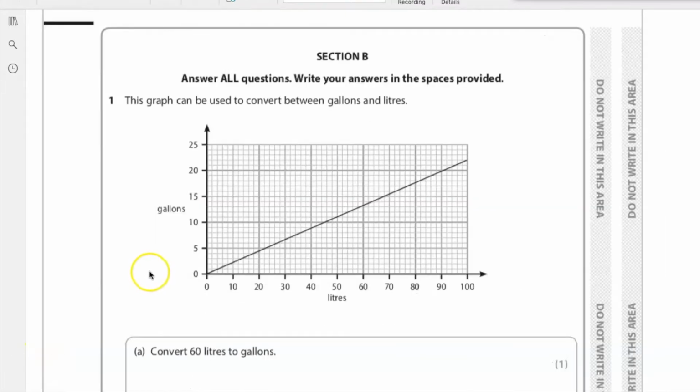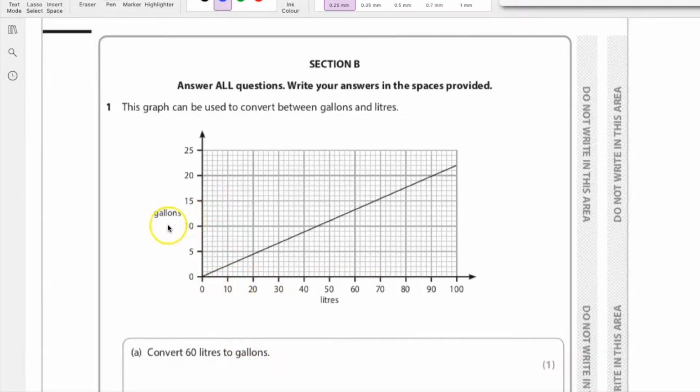Now question 1. This graph can be used to convert between gallons and liters. A. Convert 60 liters to gallons. Now we need to be able to read the graph, so we need to convert liters to gallons. From my horizontal line, sometimes we call it the x-axis, we identify where 60 liters is.